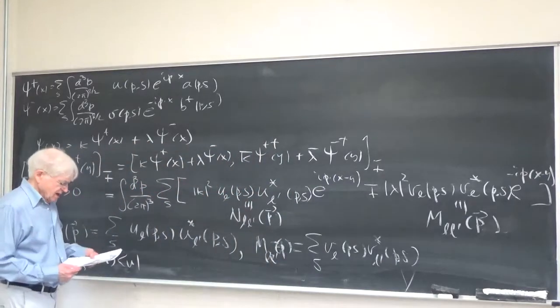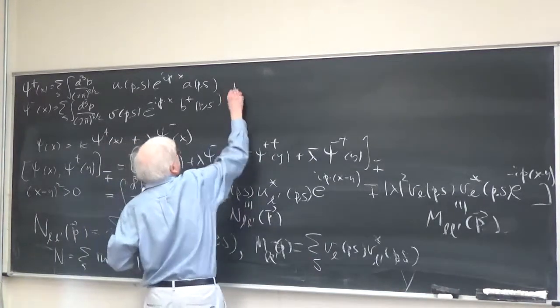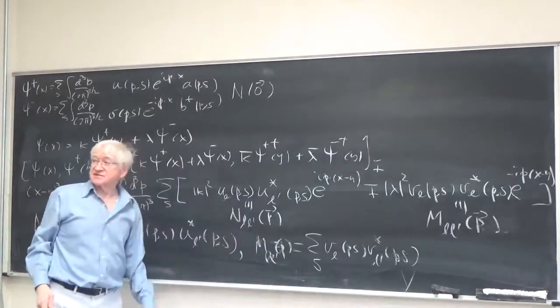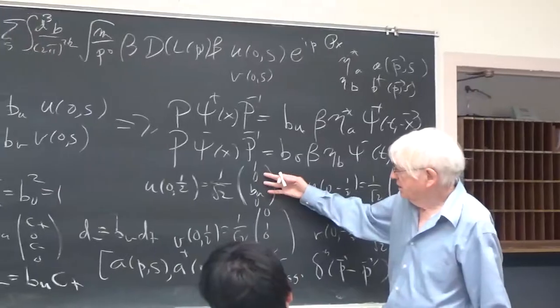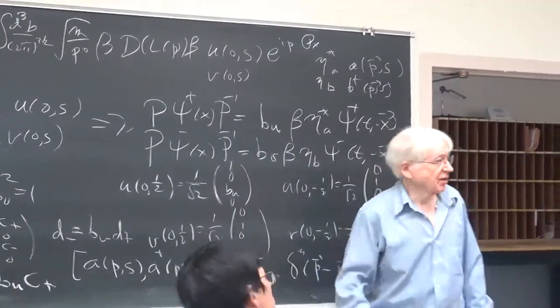Okay. So let's look at N of 0. And so for N of 0, we take these vectors right here, 1 over root 2, (1, 0, 0) BU.